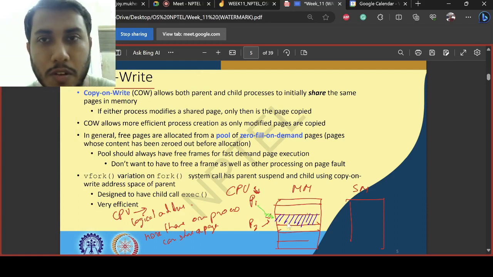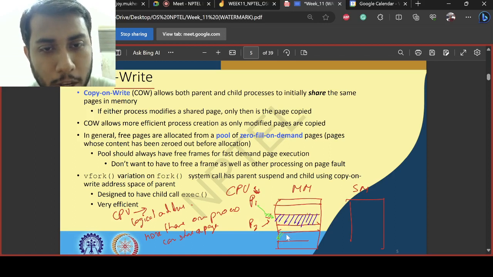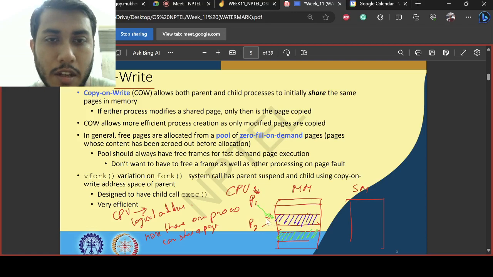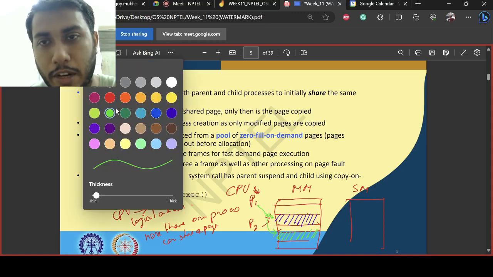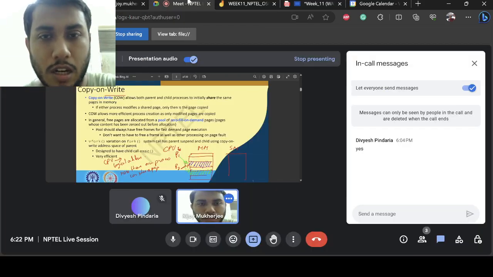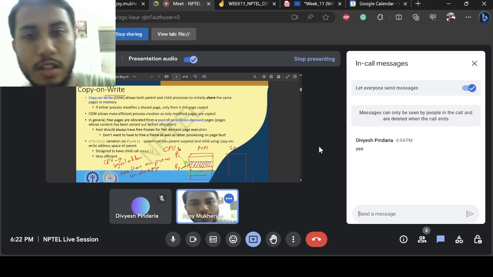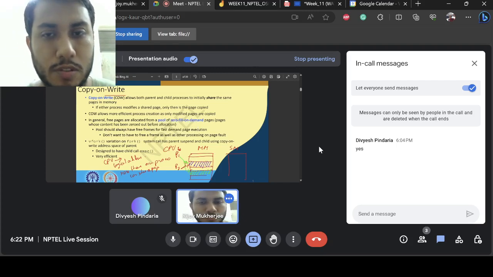So in that case, whenever it writes on this page, a copy of it is created, such that P1 refers to the modified copy, whereas P2 refers to the non-modified copy. That is what you define by the concept of copy on write. So the copy happens of the data only when you are writing something onto the page.